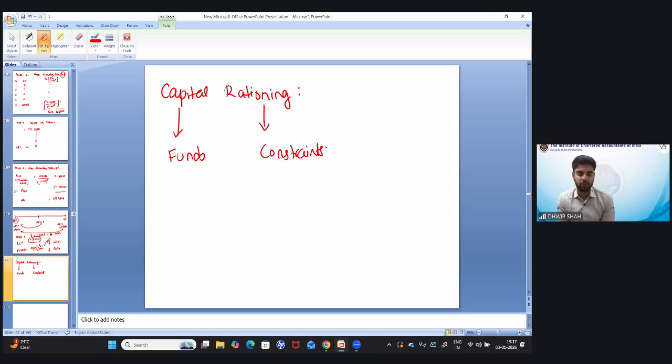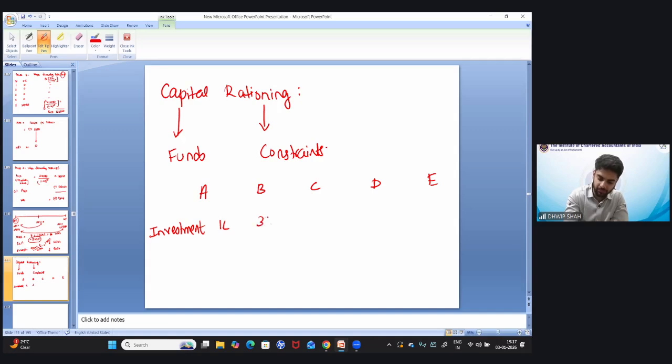So under this concept, there are multiple projects with positive NPV: A, B, C, D, E. Let's say investment amount required in project A is 1 lakh, B 3 lakh, C 2 lakh, D 5 lakh, and E 2.5 lakh. All the projects have positive NPV.